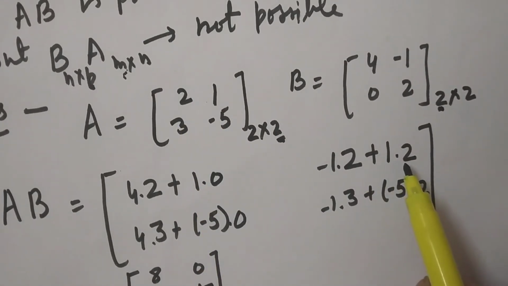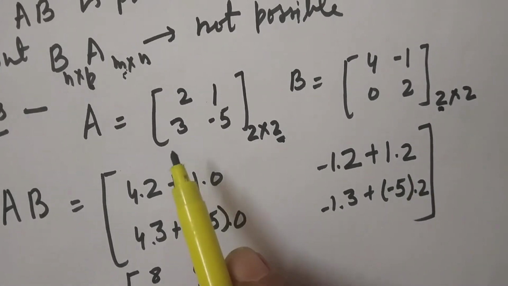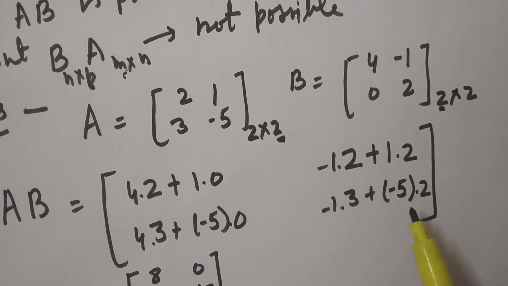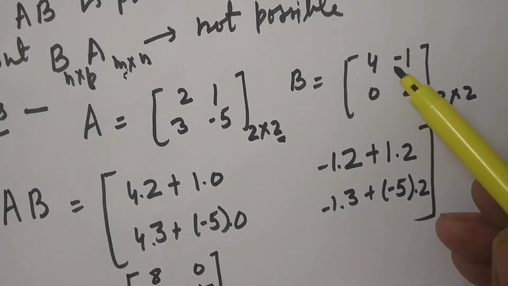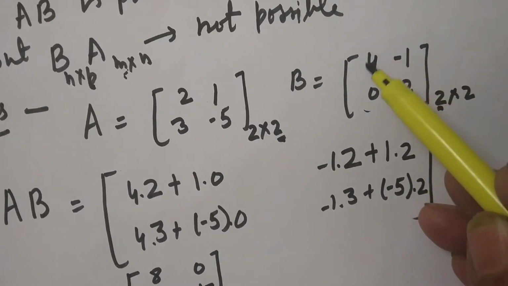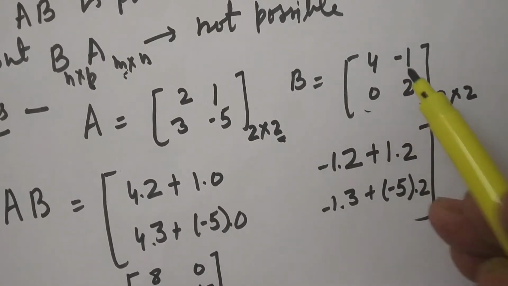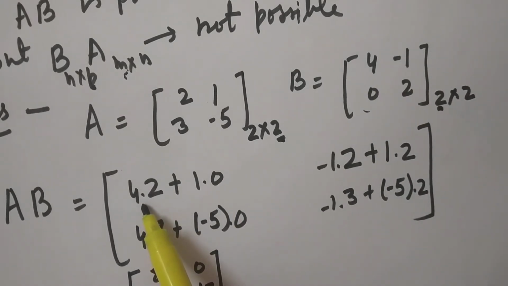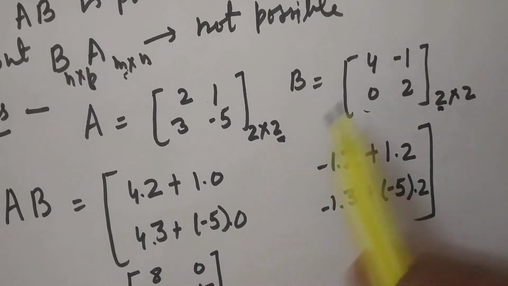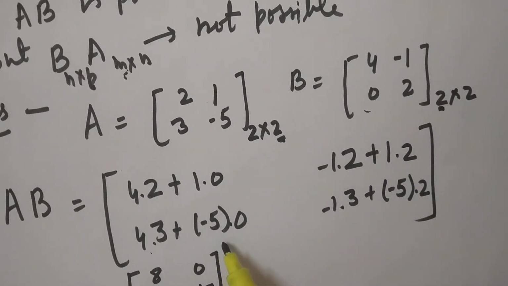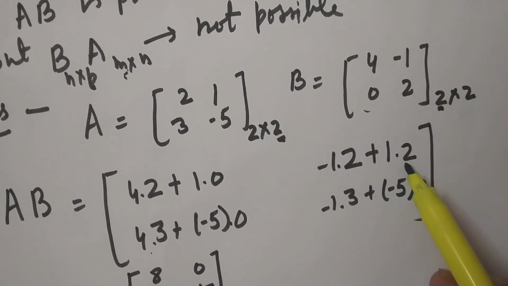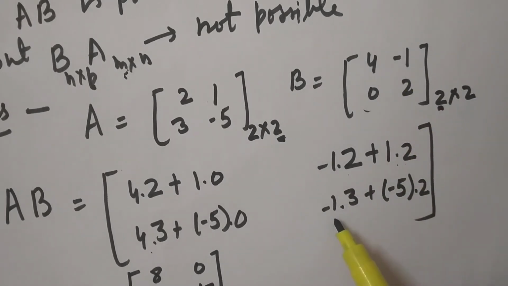Since I have to form 2 columns, I write it 2 times, and again the second row 3, minus 5, 3, minus 5. Now I pick the vertical column of B and multiply: 4 by 2 and 0 by 1, 4 by 3 and 0 by minus 5, minus 1 by 2 and 2 by 1, minus 1 by 3 and 2 by minus 5.